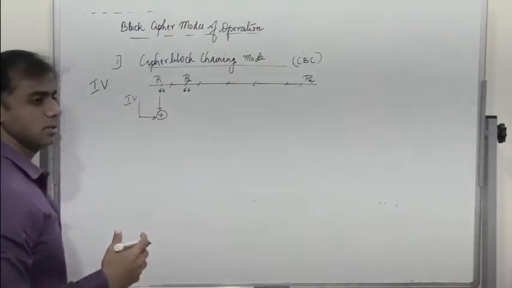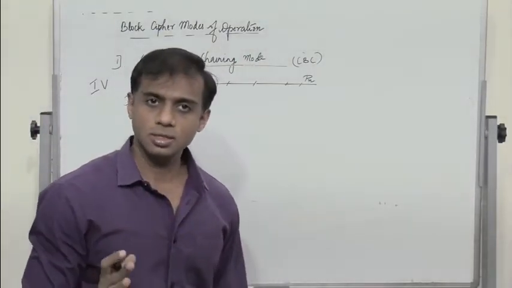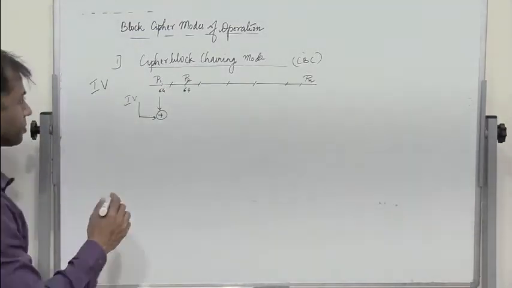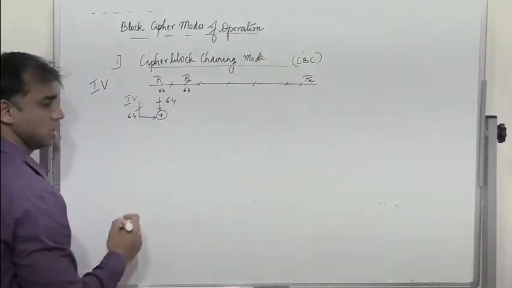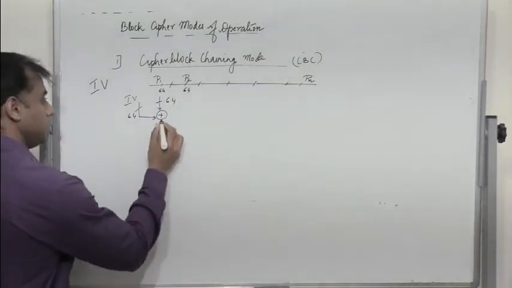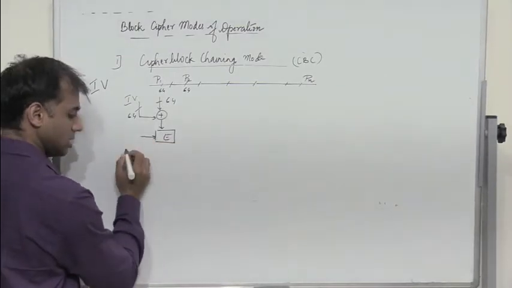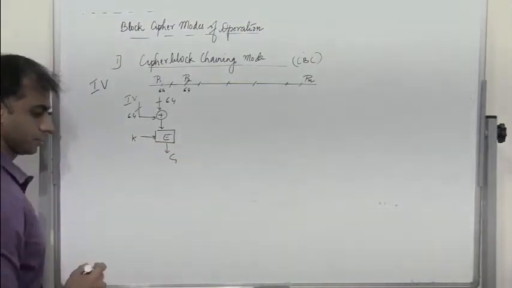So what is the initialization vector? A 64-bit data which is shared between both the source and destination. So this 64 bits of plain text is given to the encryption algorithm, which uses the secret key K, produces the ciphertext C1.